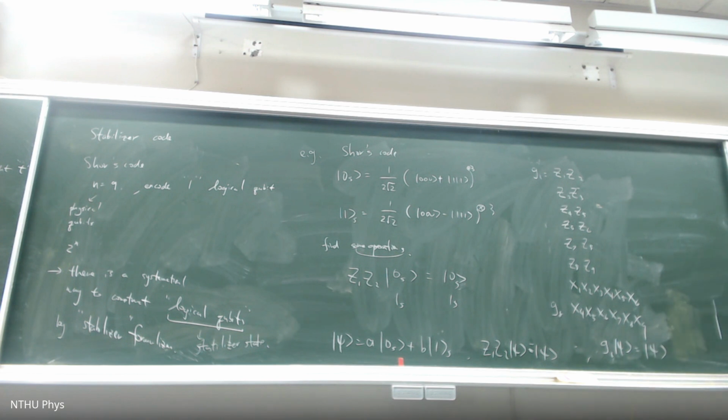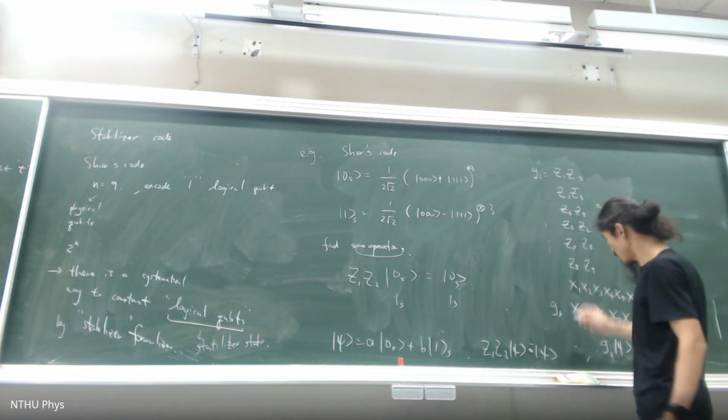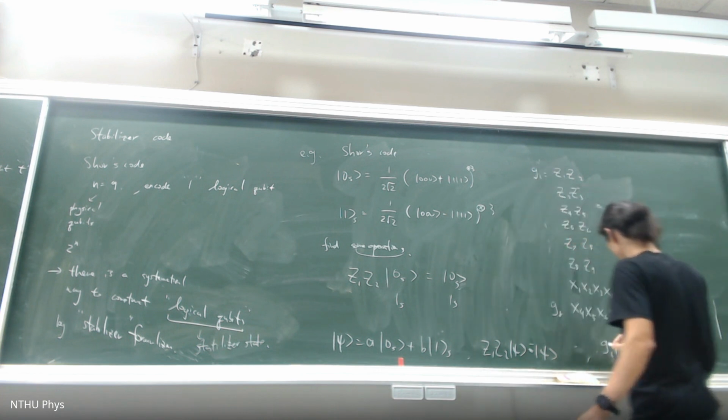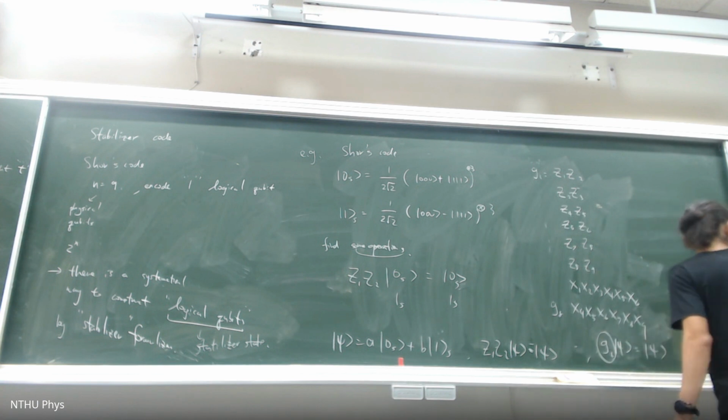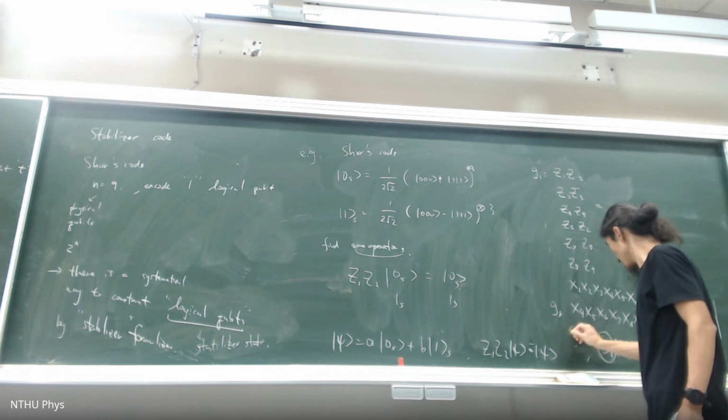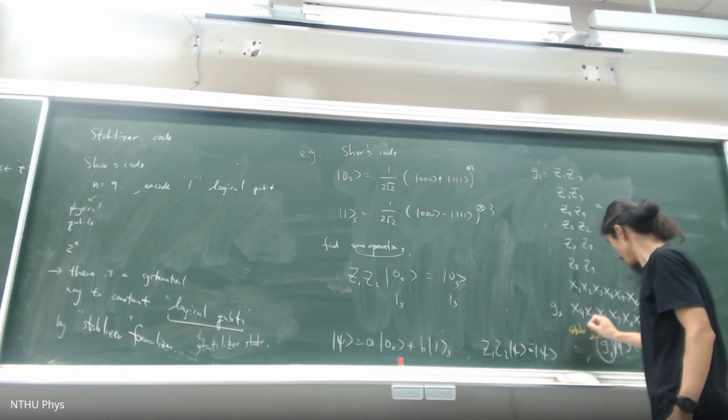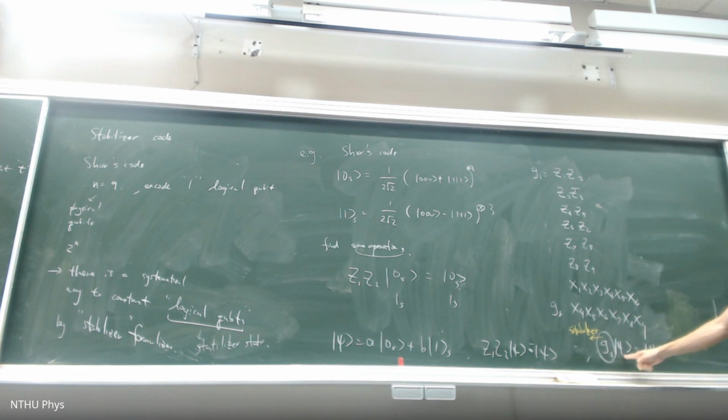So now you see there's some structure. We call this Gi the stabilizer, the stabilizer that stabilizes the code space, with eigenvalue +1.